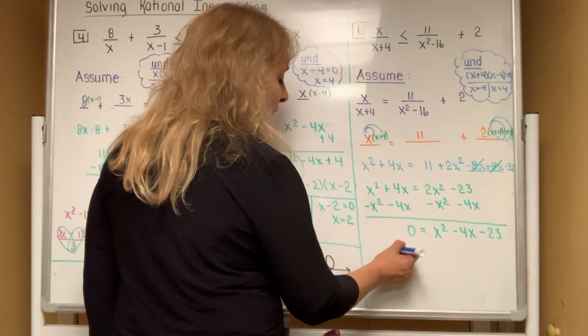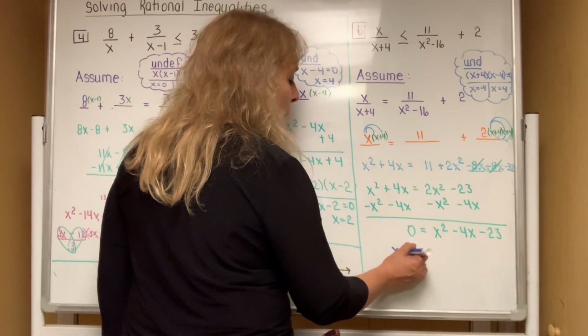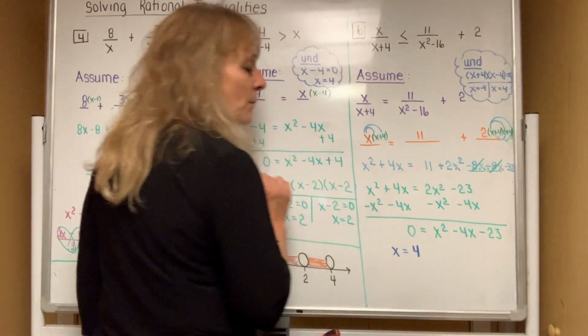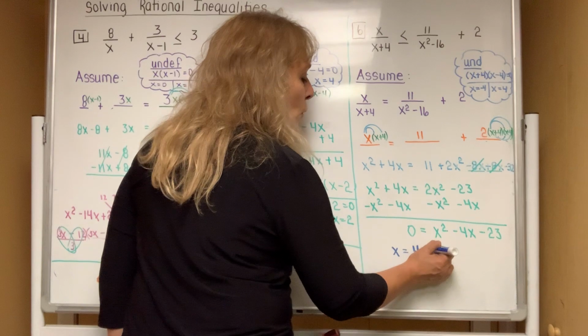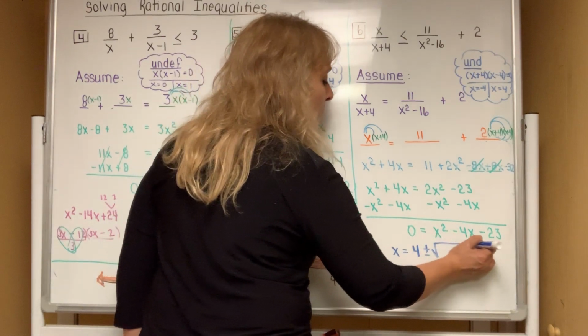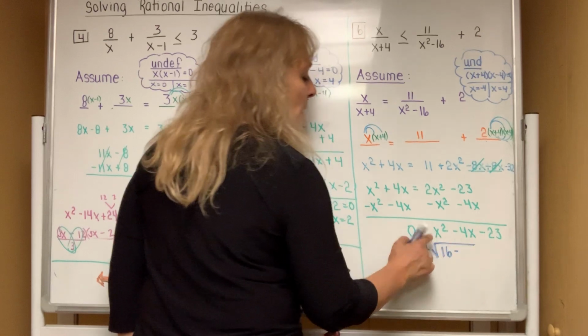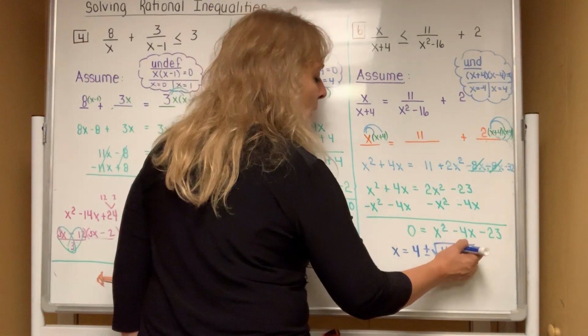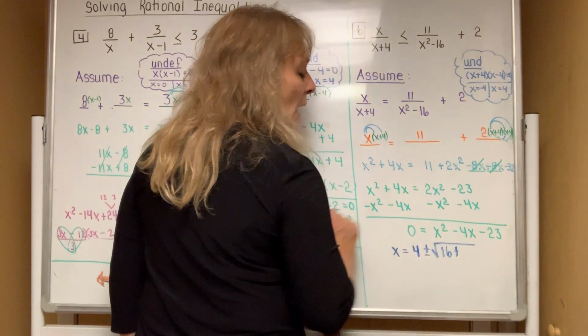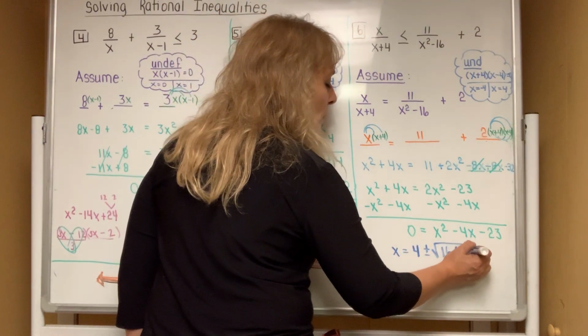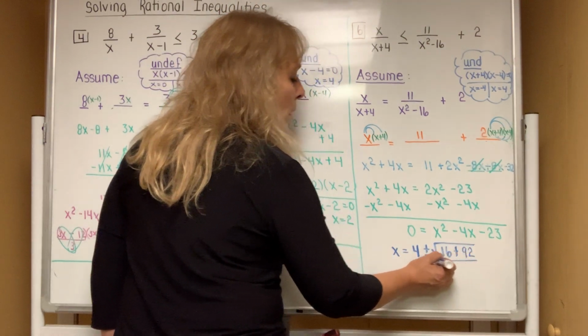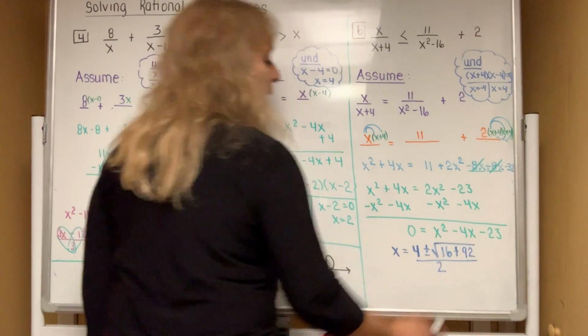But whenever you can't factor something, you're going to use the quadratic formula. So, to solve it, it is x is equal to negative b plus or minus the square root of b to the second minus 4 times a times c. 4 times 23 is 92. All over 2a.